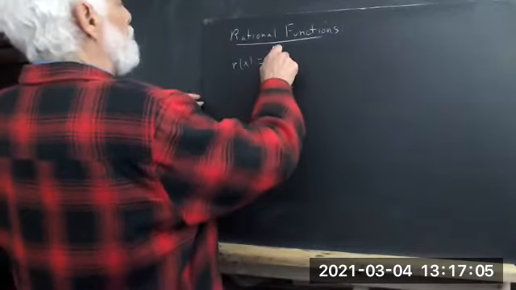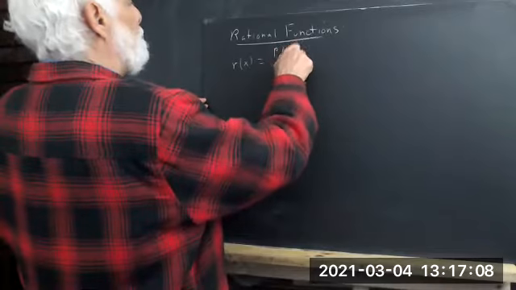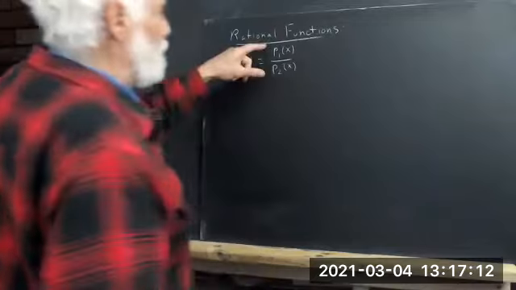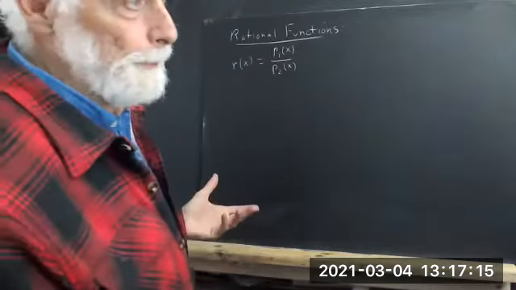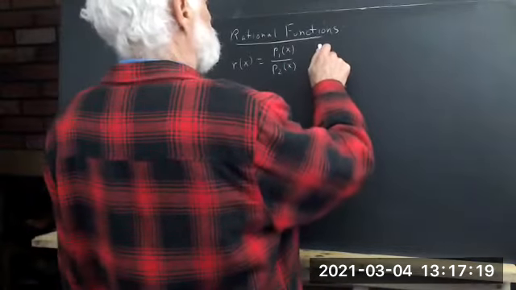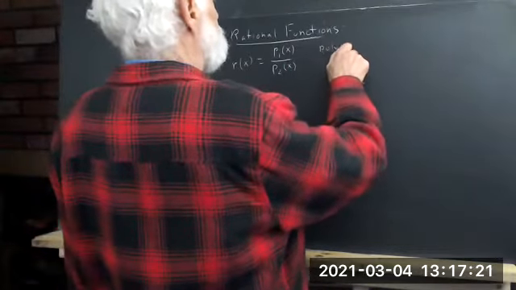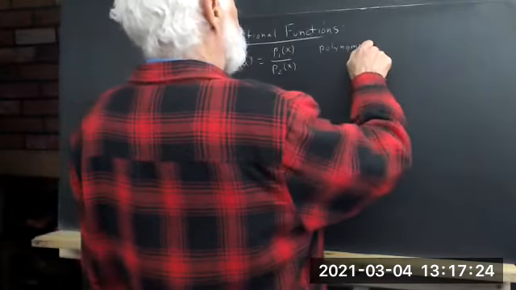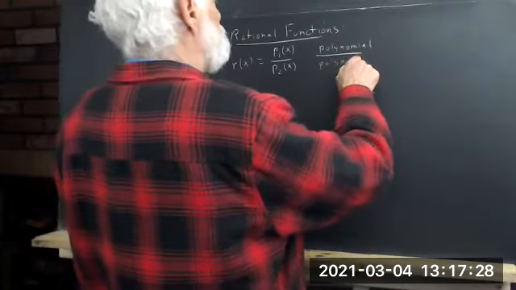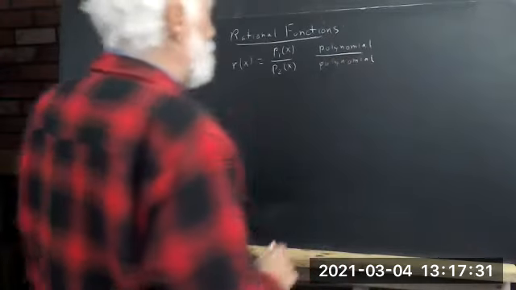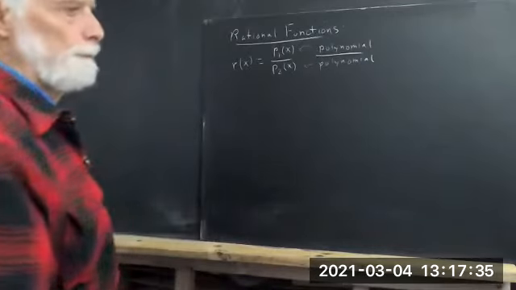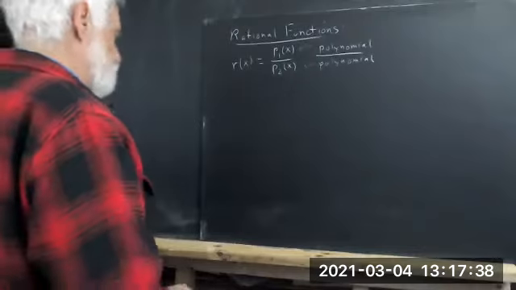And I'm going to write it this way: P1 of x divided by P2 of x. A polynomial divided by a polynomial. So, example.